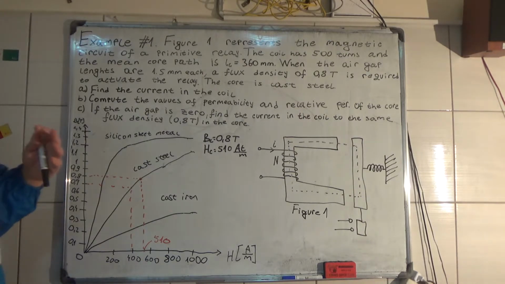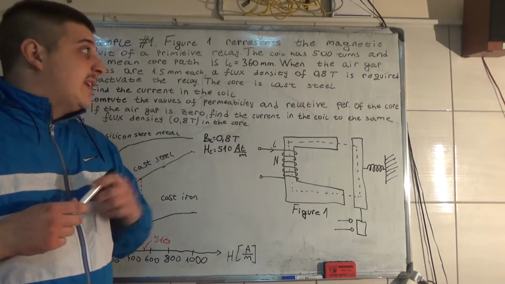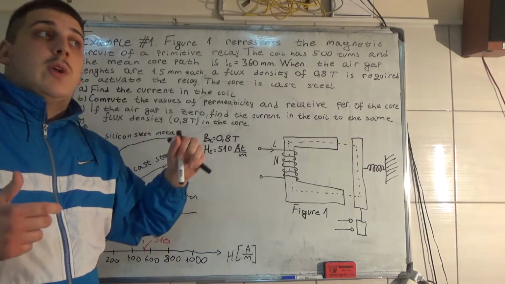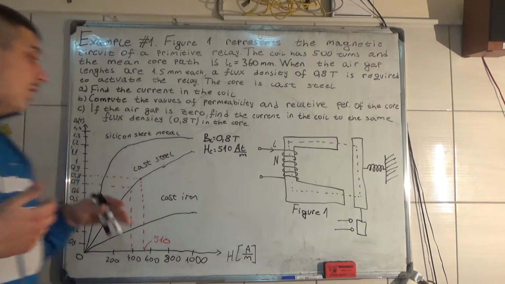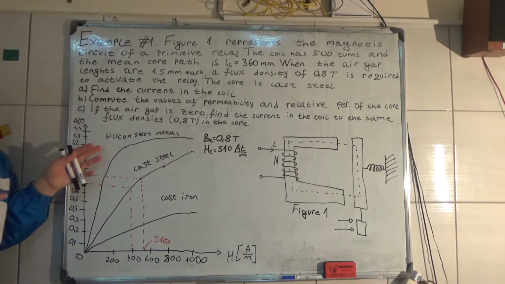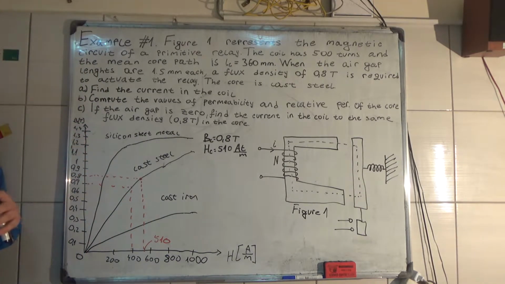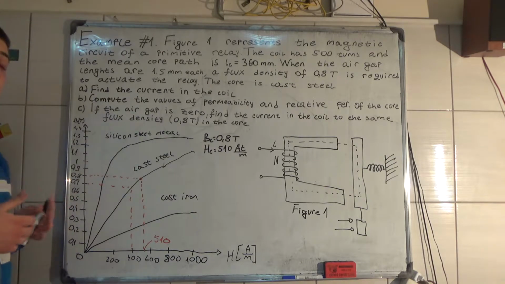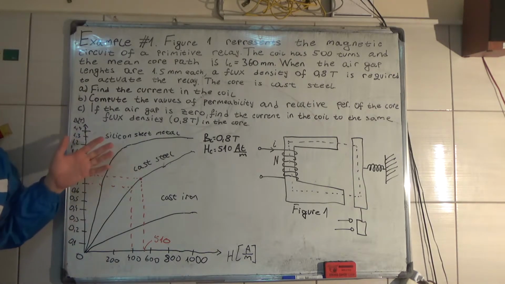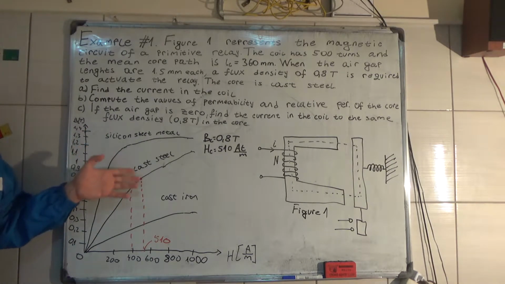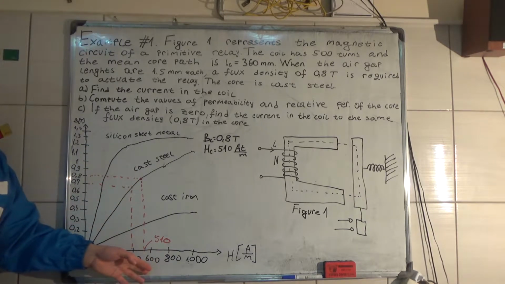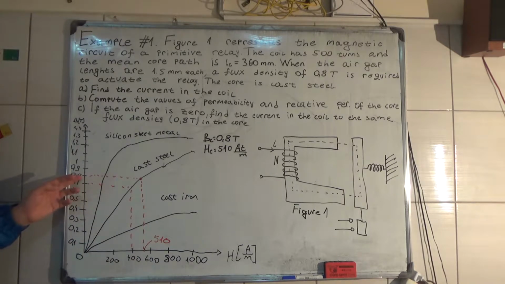So now, because the example says that this core here is cast steel, you have to look at the figure of the magnetization curve. This is from the book I have, but you can find it everywhere, the magnetization curve of the cast steel. So you have to look at this figure to know the amount of magnetic field intensity when you have 0.8 Teslas.